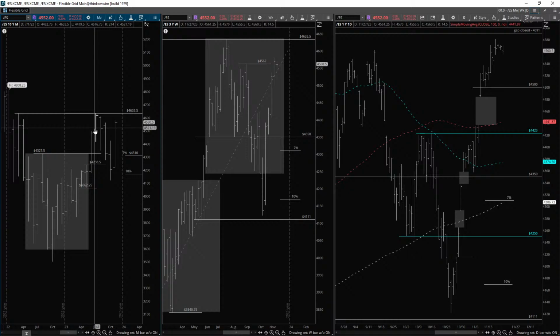Now the monthly has 1, 2, 3, 4, 5 months. I think I can consider this a range now. One time framing, trending, the trend to the downside has ended. There's no more. I think there are good odds that this is going to be a range.